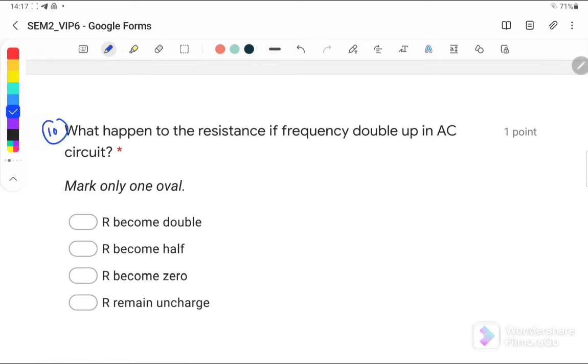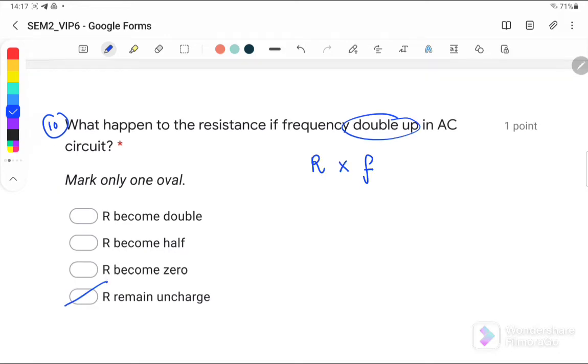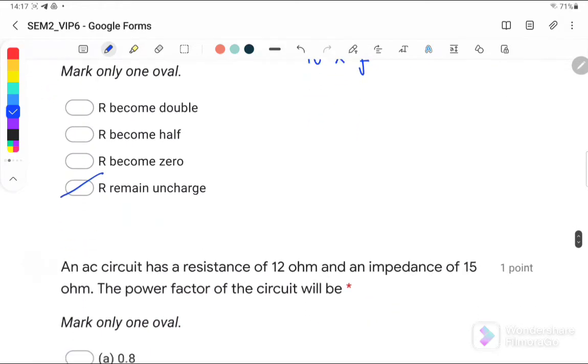What happens to the resistor if the frequency doubles in an alternating circuit? As we know, the resistor is not affected by F. Therefore, if the frequency doubles, the resistor still remains unchanged. So the answer here is D.